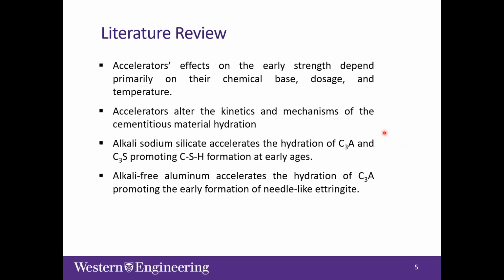While the alkali-free accelerators, such as aluminum sulfate, will accelerate the hydration of the C3A, promoting the early formation of the needed ettringite. At the end, this ettringite will connect together and also accelerate the setting and hardening properties of the shotcrete.